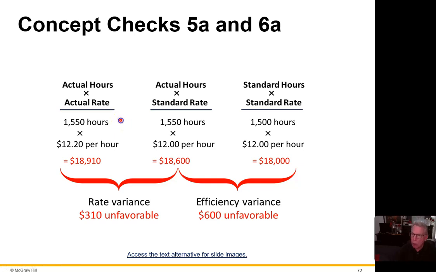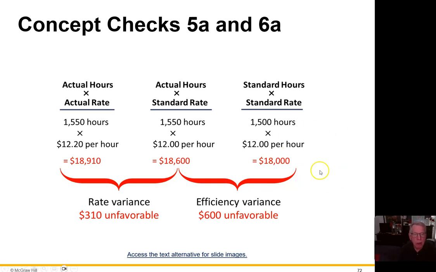Here's our total hours, and we know that it costs $18,910, so I can back into the $12.20 per hour. And then on the standard side, my 1,500 hours was calculated by taking the 1,000 zippies, the actual zippies that we made, times the standard of 1.5 hours per zippy.